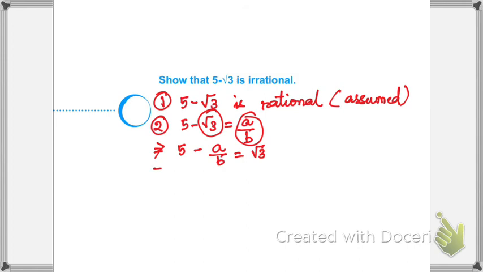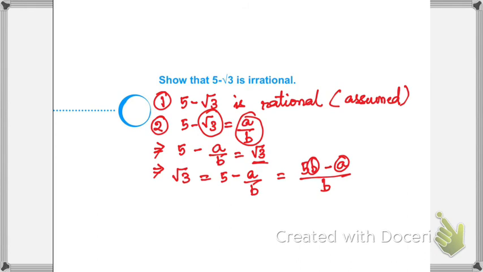So from here you can write again, rearranging, we are just rearranging it. So root 3 will be equal to 5 minus a by b, and now taking the LCM you will get (5b minus a) by b. Now here we know that this a and b are actually integers.